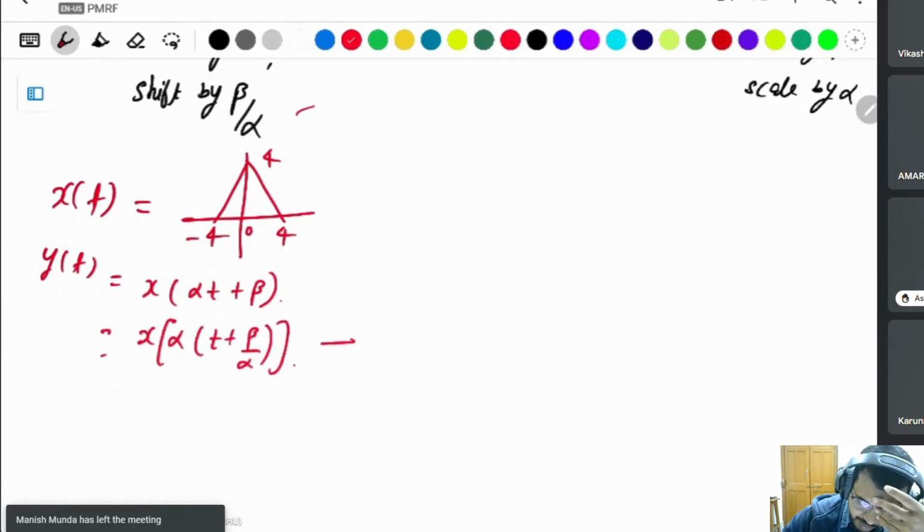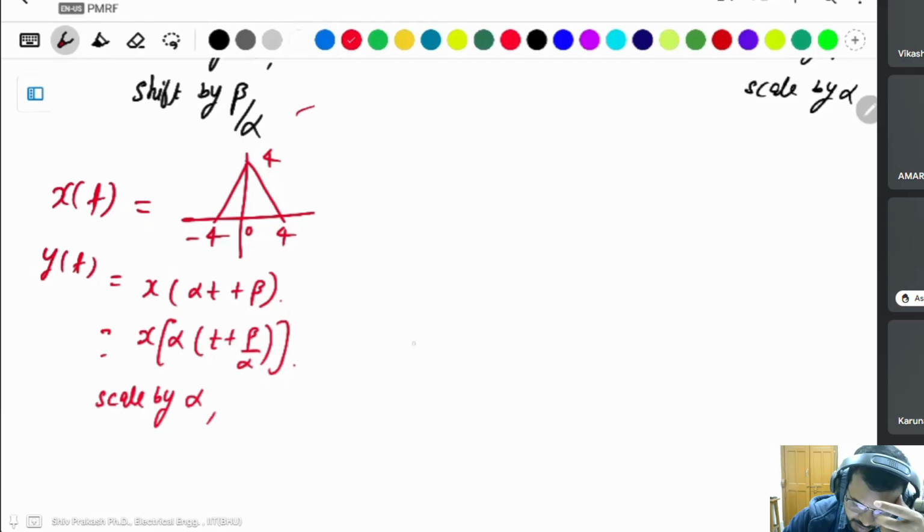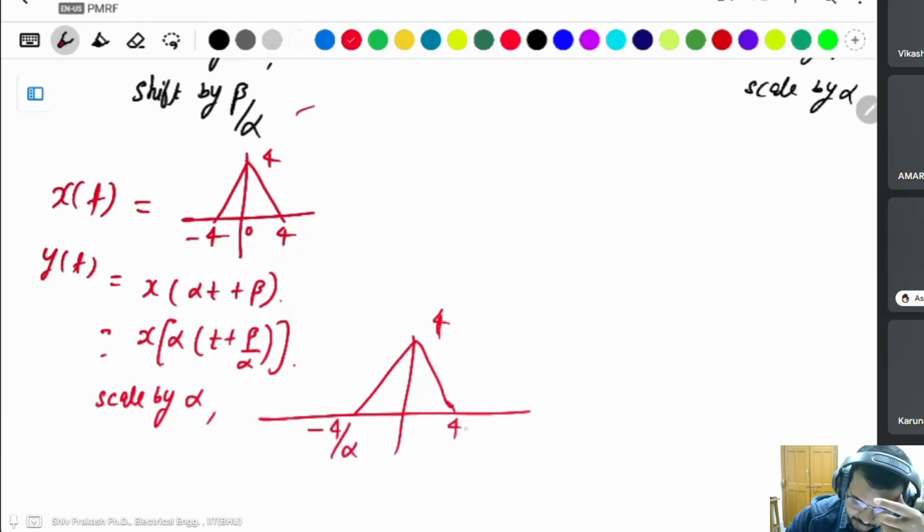If you scale this signal by alpha, the 4 does not change, it becomes minus 4 by alpha, the scaled signal.